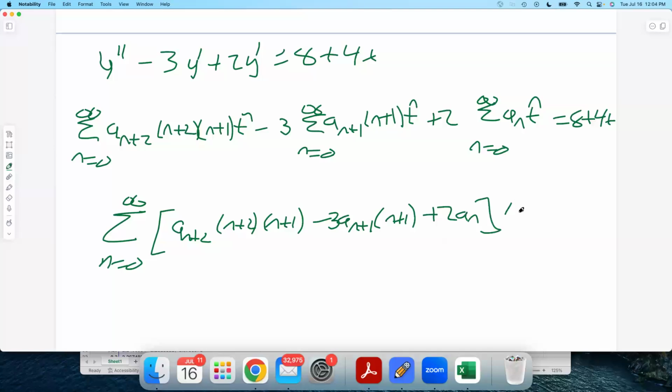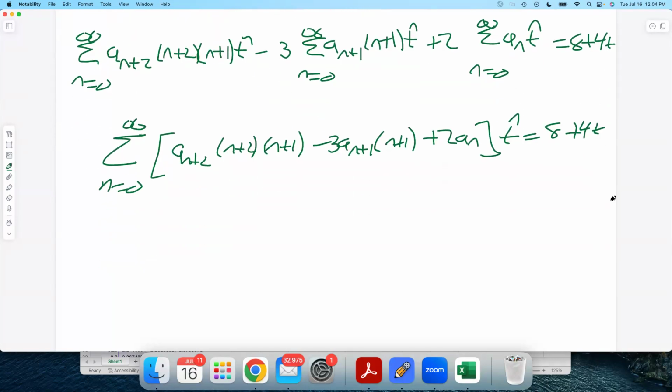That's all times t to the n, and that's supposed to equal this over here, 8 plus 4t. What we usually do when we have a homogeneous DE, we have a 0 over here. The only way an infinite polynomial can be 0 is if every coefficient is 0. So we set this whole thing equal to 0. That's not what we have here.